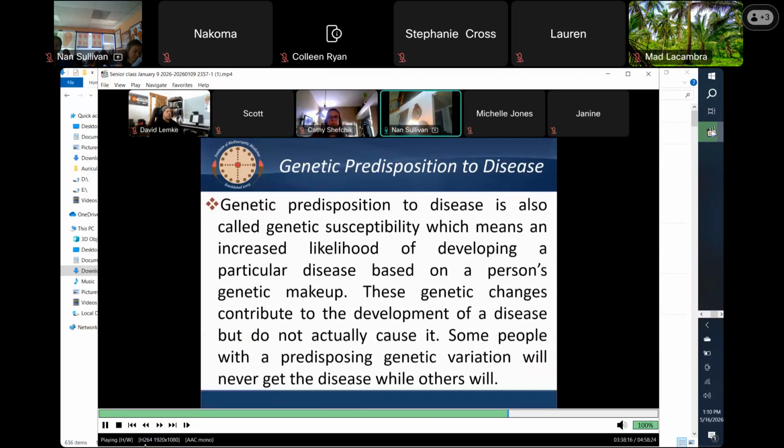Genetic predisposition to disease is also called genetic susceptibility, which means an increased likelihood of developing a particular disease based on a person's genetic makeup. These genetic changes contribute to the development of a disease, but do not actually cause it. Some people with a predisposing genetic variation will never get the disease, while others will.